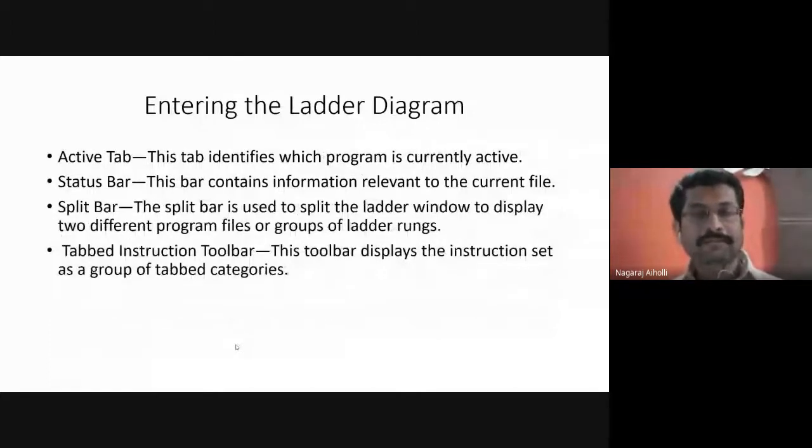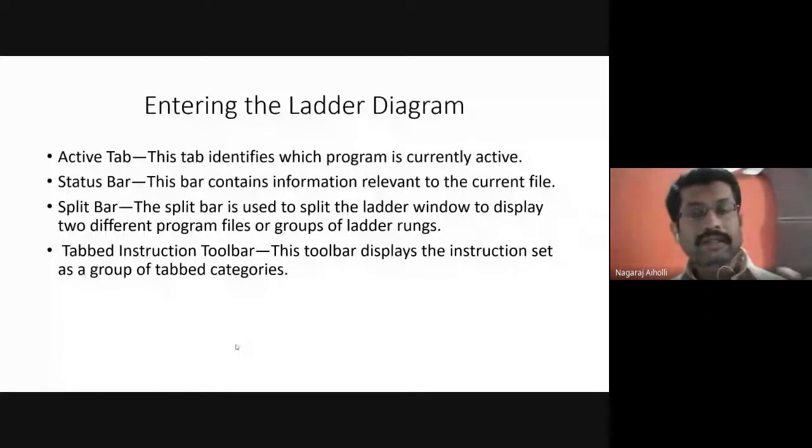Active tab. So this active tab or the active icon, there are certain tabs, right? For example, add, where you want to add certain things, and then say you want to run certain things. There are certain tabs which are being provided.